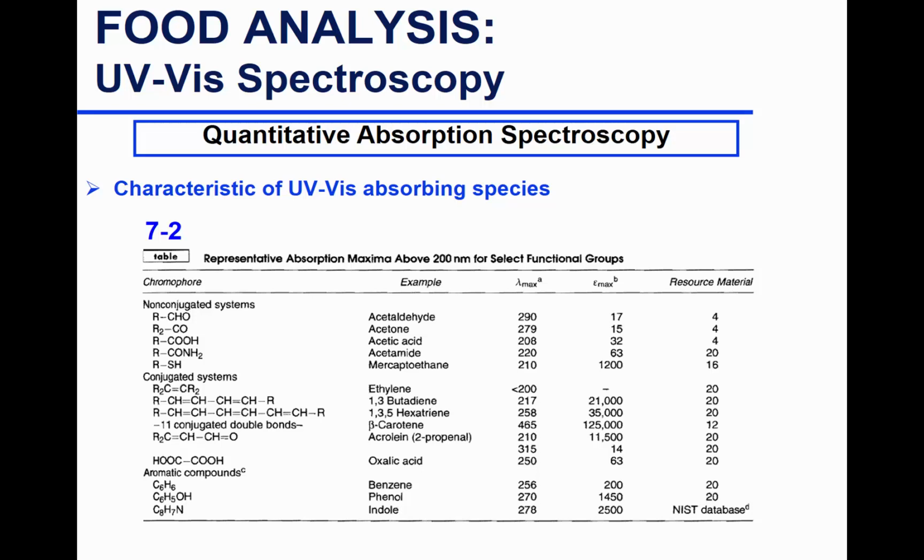It's showing you the lambda max for each one, the absorptivity, and then these are the references. So some of the compounds and functional groups, we already know their lambda max and their absorptivity by experimentation. Of course, you are supposed to know all of this for the test. No, just an example.